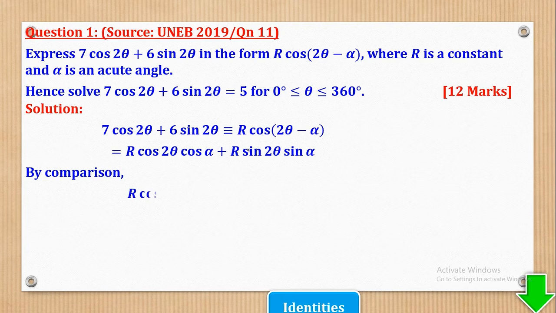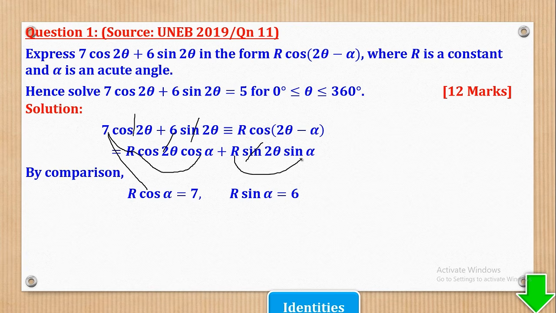So by comparison, you realize that this and this cancel, you remain with r cos alpha being equal to 7. Then here this and this cancel, so you remain with r sin alpha being equal to 6.